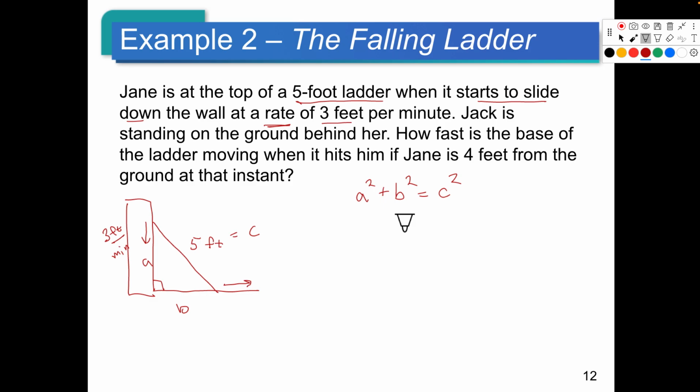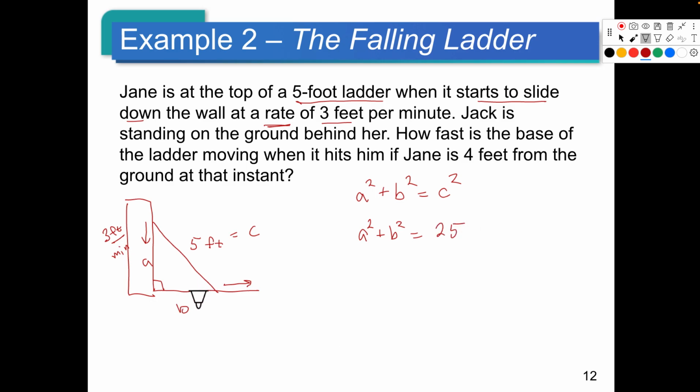Plug in the numbers we have. What do we have? We've got 5 for C. Excellent. Let's go ahead and do that, because with more numbers we feel maybe a little more comfortable. So then we know that A squared plus B squared has to be equal to 25. C squared, 5 squared is 25.